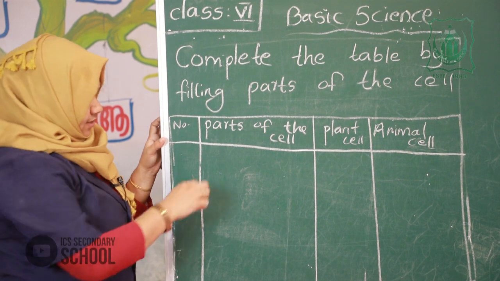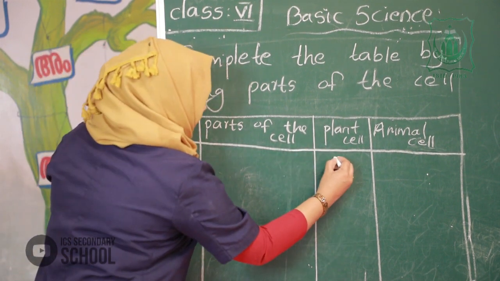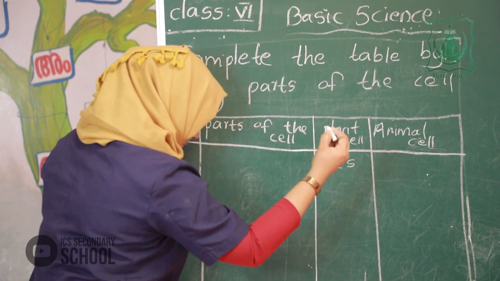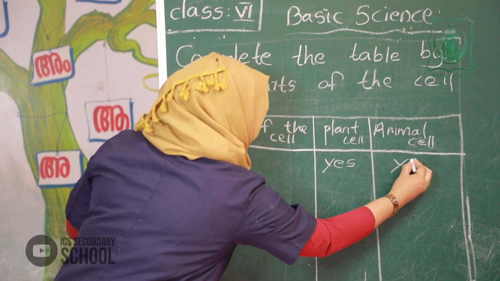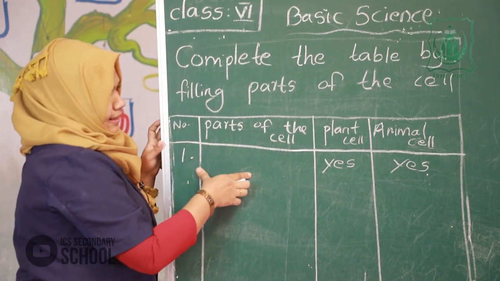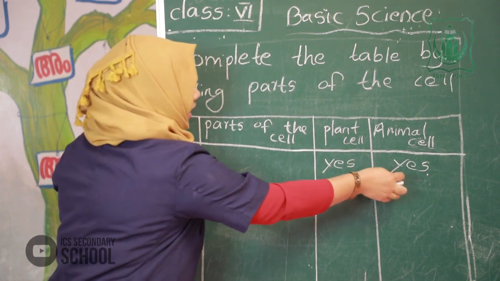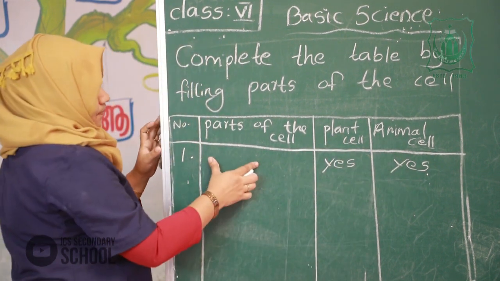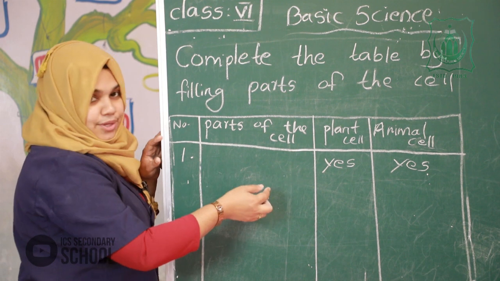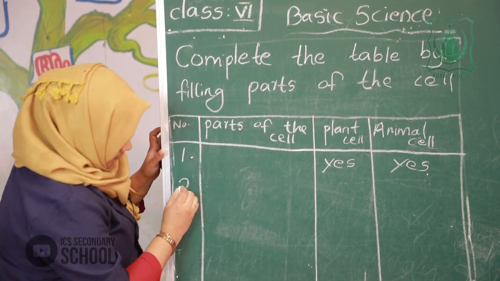Yes, what are the parts that you write? You write the name of the part of the cell having in plant cell and animal cell. What is the part of that cell? You write the name of that part of the cell. Okay, then second question.